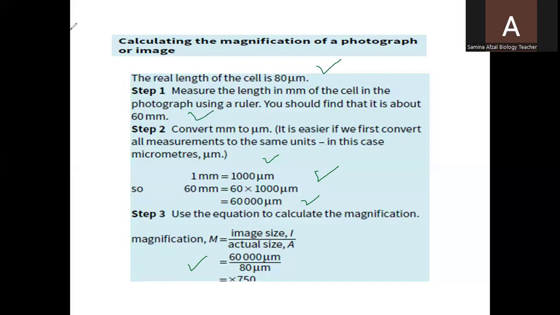This is the actual length, and this is the image length which we measured from the photograph they had given us. When we divide, the magnification will become 750.